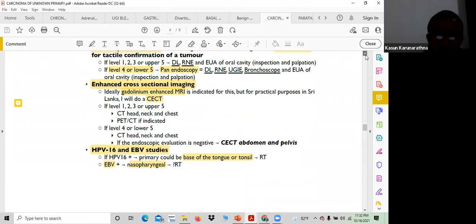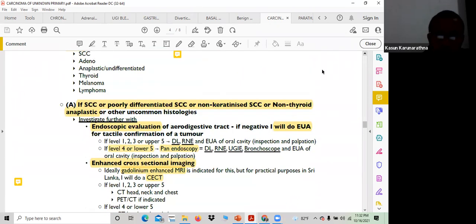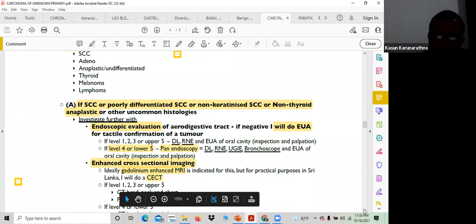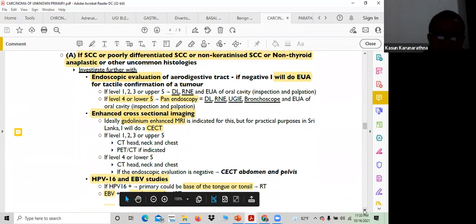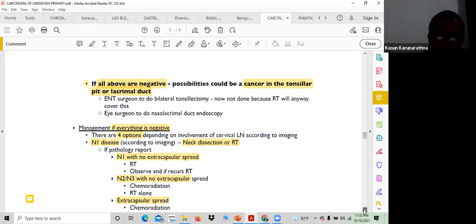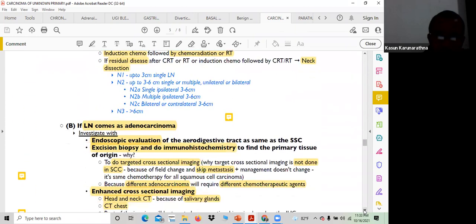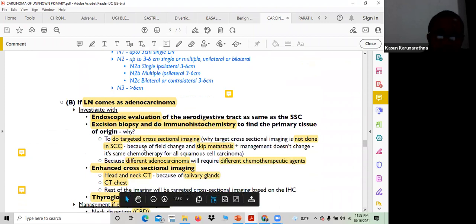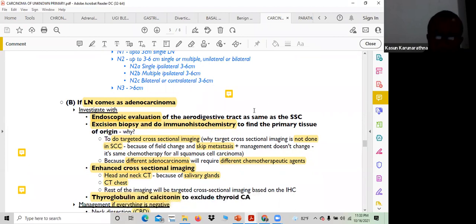I don't know whether you have been taught about this endoscopic evaluation of the aerodigestive tract, right? If FNAC becomes adenocarcinoma, endoscopic evaluation of the aerodigestive tract is the same as for SCC, plus excision biopsy and immunohistochemistry to find the primary tissue, right?